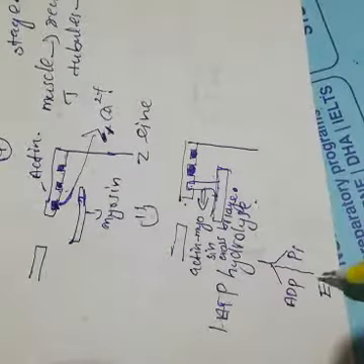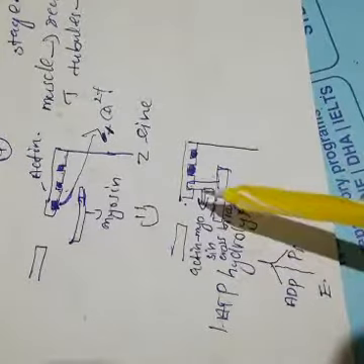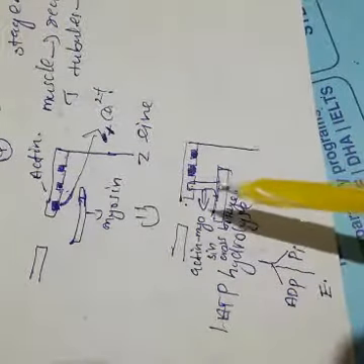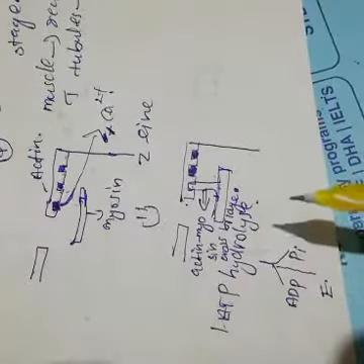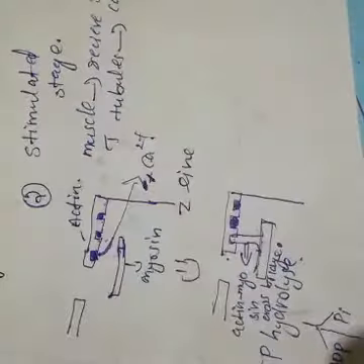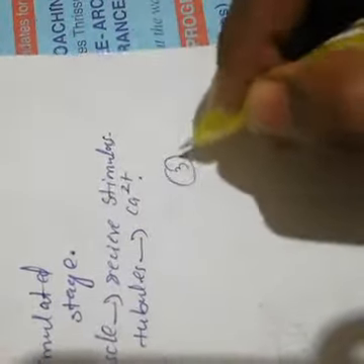Out of this energy, a small amount is used for this cross bridge formation, and the remaining energy will be used for another reaction during the coming stage. Okay, then we are going to consider the third stage.